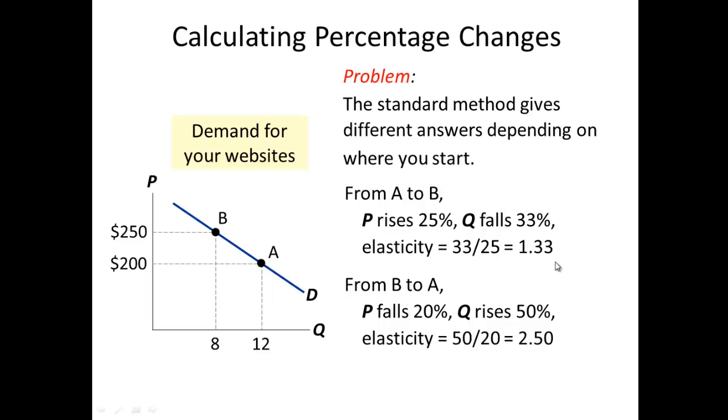So if we were interpreting the data, if we raise our price by 25%, we would expect to see a fallout. The elasticity of our service is considered 1.33, meaning we would see a decrease of 33%.